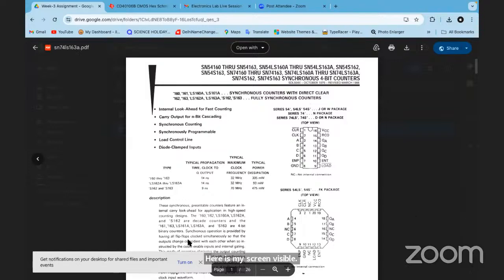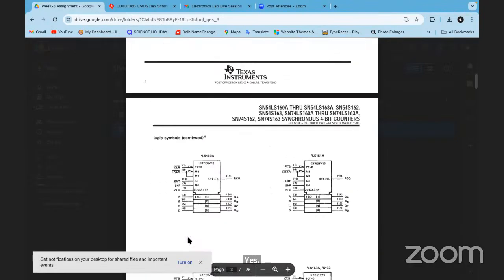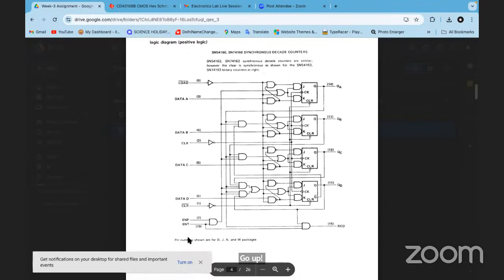Yes. Go up. Go up the circuit diagram. Yeah. Here. Okay. Right. So now, what is happening? Let's see.